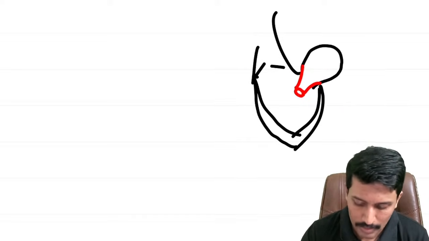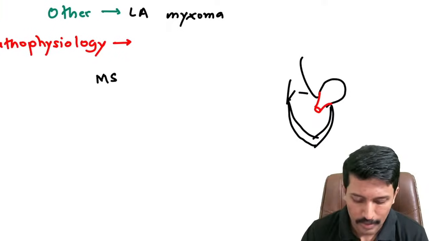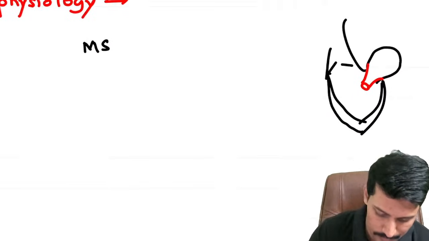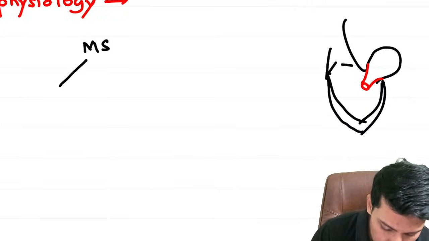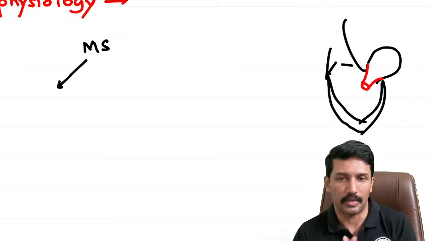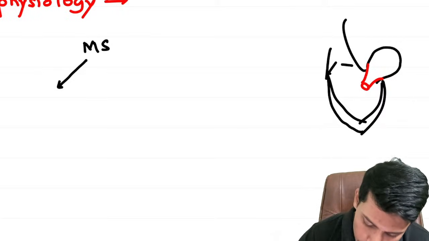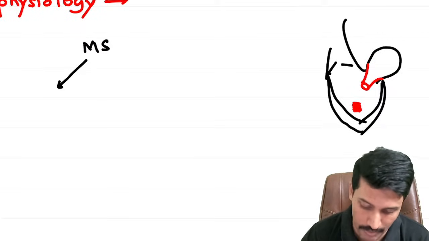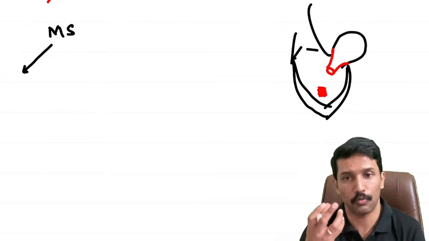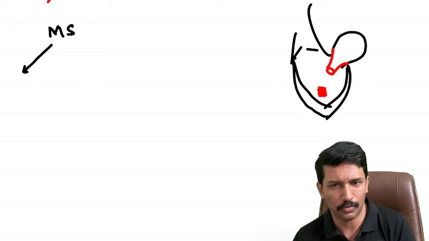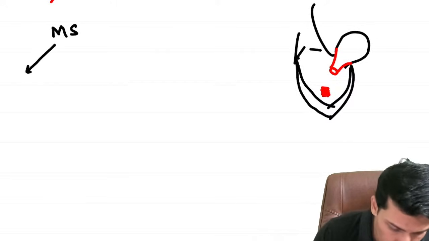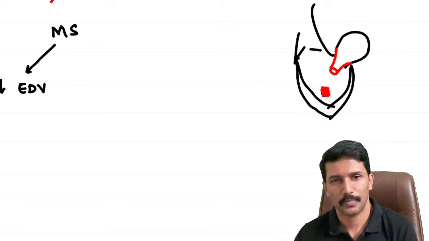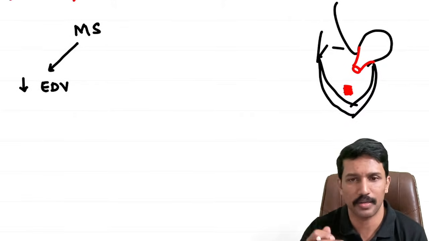Because of the narrow opening, the filling of the left ventricle during diastole decreases. So if the filling of the left ventricle during diastole decreases, I have less blood in the left ventricle at the end of diastole. And what is that volume called? End diastolic volume. So mitral stenosis leads to a decrease in the end diastolic volume, because I could fill only a small quantity of blood.